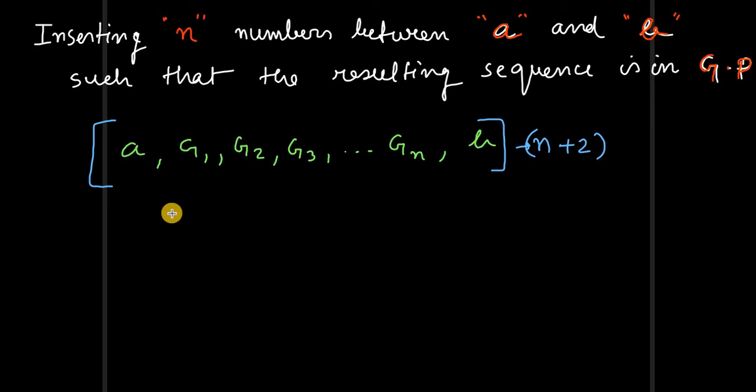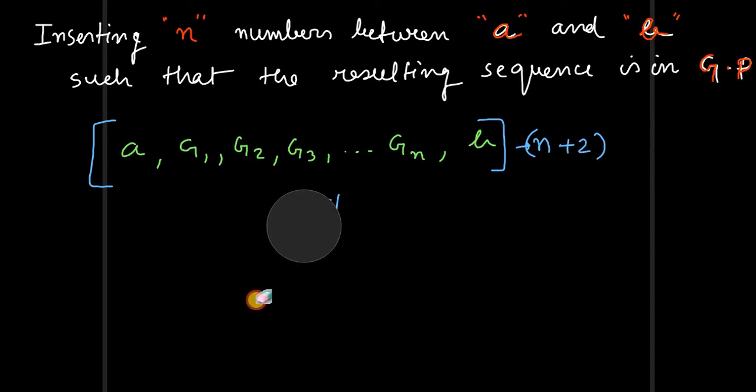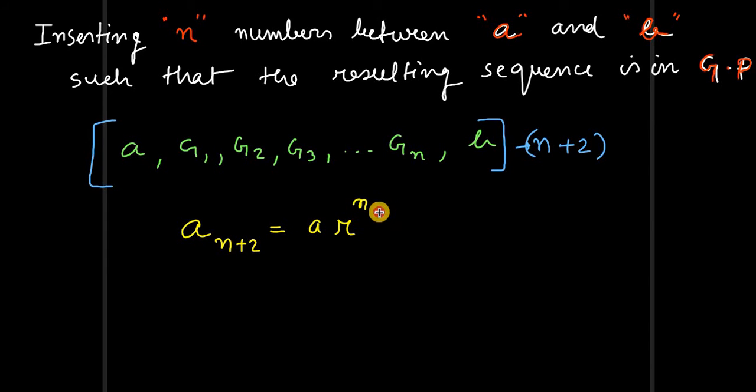Now we know that the nth term of a GP is a_n equals a r to the power n minus 1. But the important fact to note here is that our n is not n here. Here we have n plus 2 elements, so the equation becomes a_(n+2) equals a r to the power n plus 2 minus 1, right?